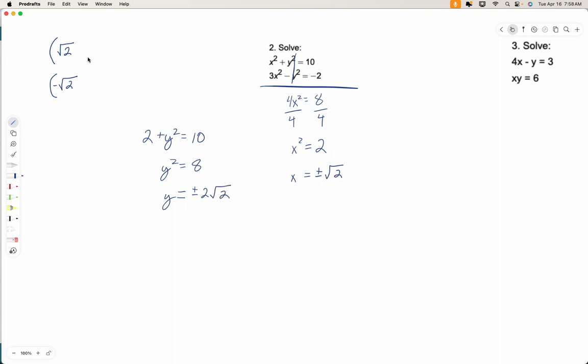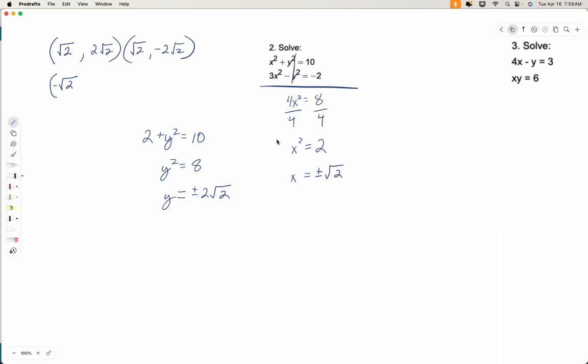So that means I've got a positive 2 times the square root of 2, and then a negative 2 times the square root of 2 when x is positive.